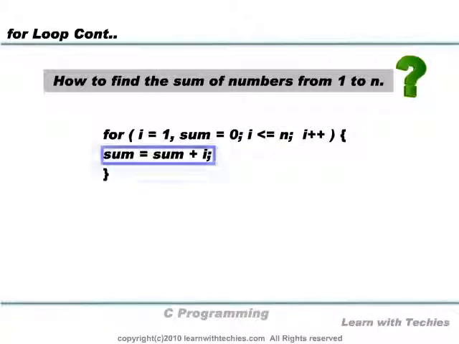The statement within the for loop would be to add the value of i to the variable sum. Once the variable i is added, the value of i needs to be incremented to calculate the new sum before we repeat the loop. This increment expression can be used as expression 3. After we exit the loop, the variable sum would have the total of all the numbers from 1 to n.